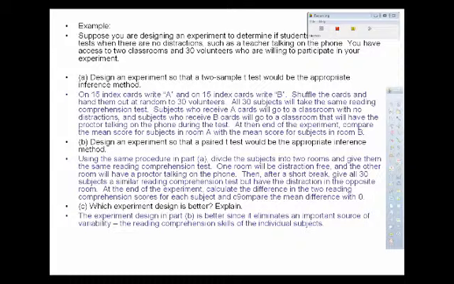However, if the subjects are paired and then split at random into two treatment groups, so that each subject received both treatments, then a paired t-test is appropriate. So that's why this one's a paired t-test and this one's a 2-sample t-test. All right? And that's it.